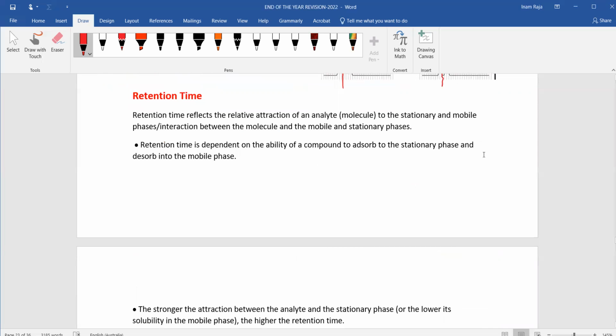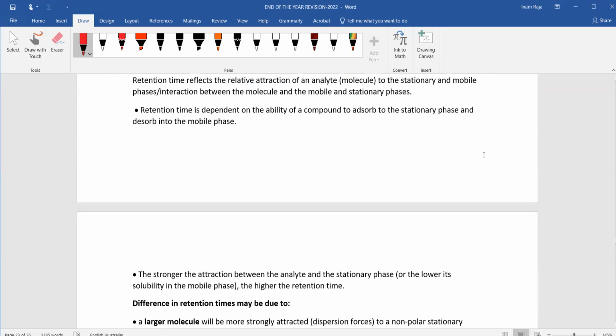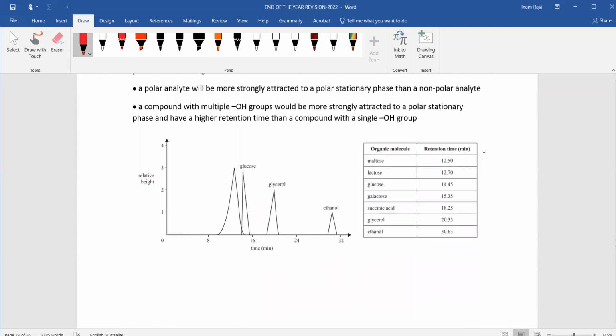Now retention time. The time which it takes for a molecule to come out from the HPLC column is called retention time. Retention means for how long the column can retain the material. Let's say this is time in minutes. This molecule comes out at just about the middle from here.